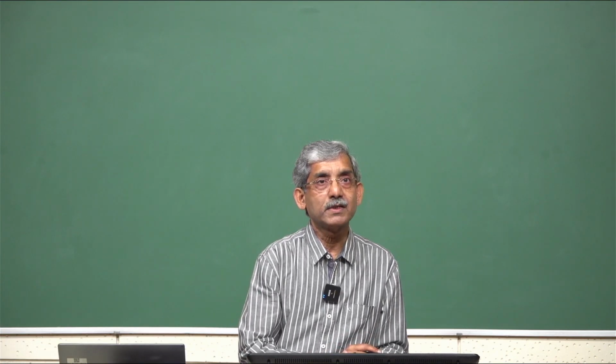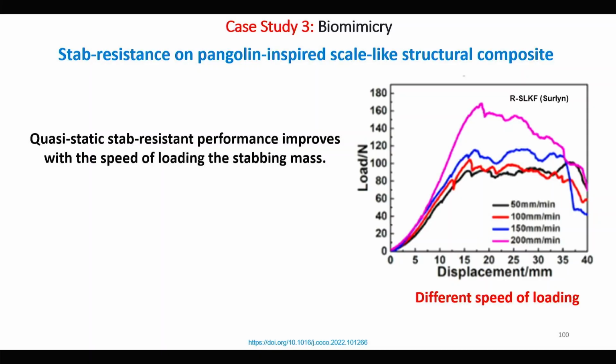So, the quasi static resistance performance improves with the speed of loading of the stabbing mass. We can see here the displacement rate. So, as we increase this load, here you can see the speed of loading: the black one is 50 millimeter per minute and the pink one is 200 millimeter per minute.